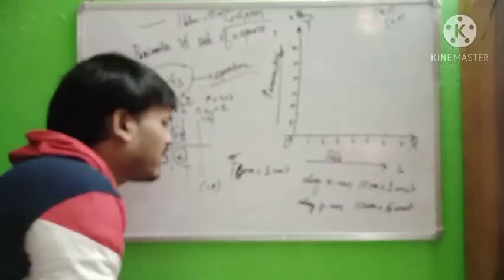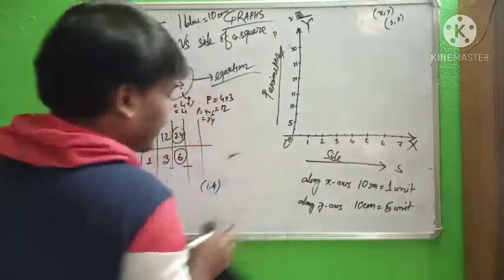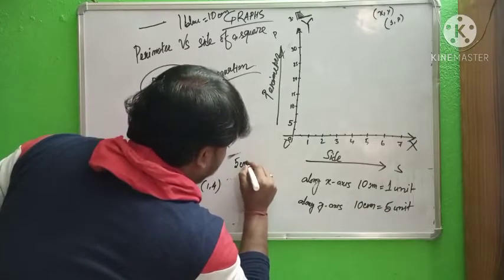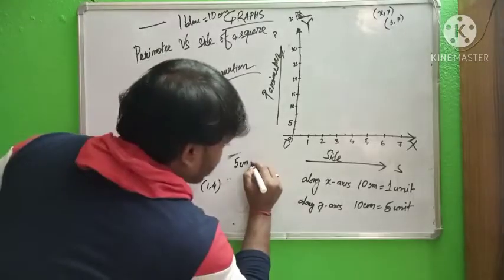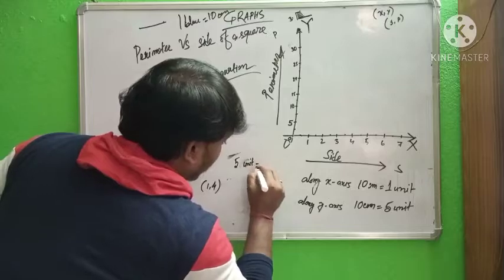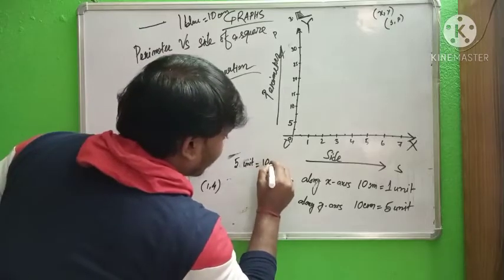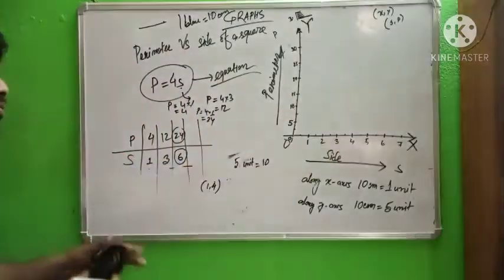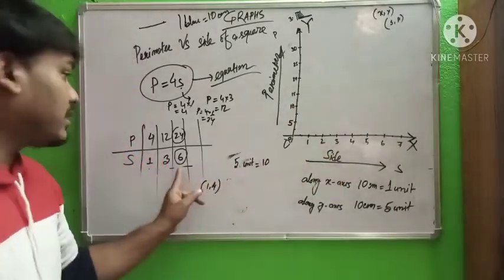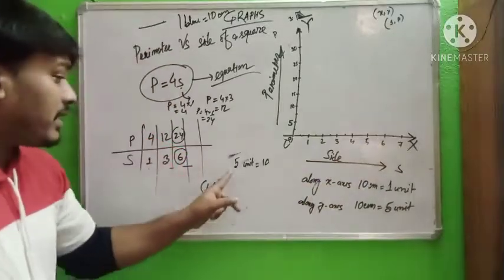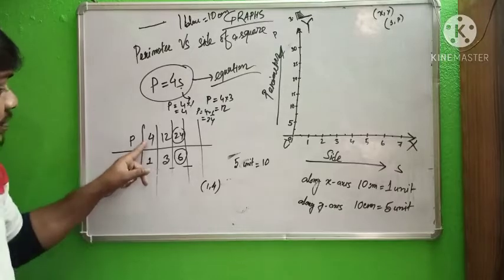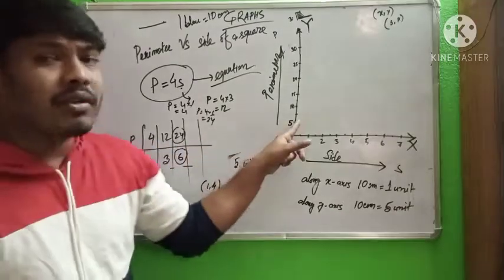Or it is better we write in this way: we have taken 5 unit equal to 10 centimeter along the y axis. Along the x axis there is no problem. 1 value is directly given here, 3 value directly here, 6 value directly here. But along the y axis, the first value is 4 and 4 is not given here.